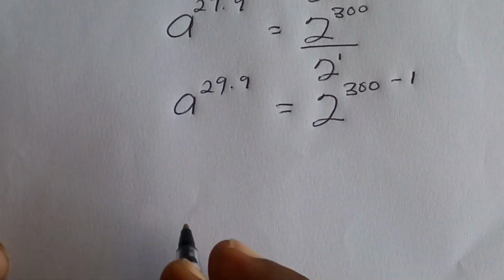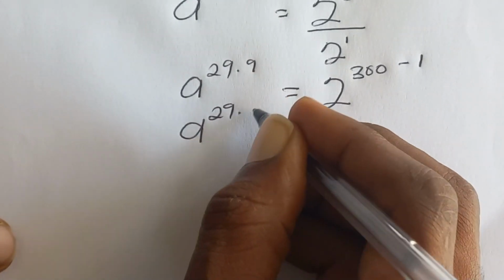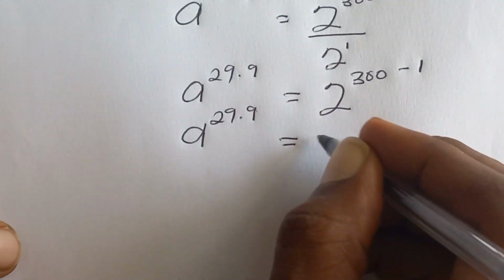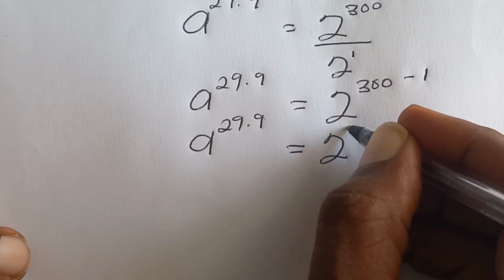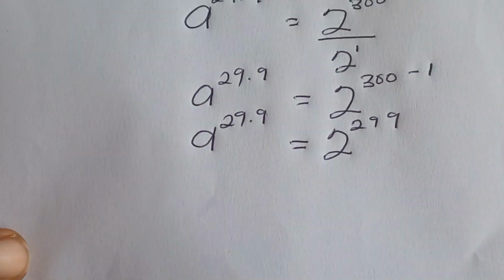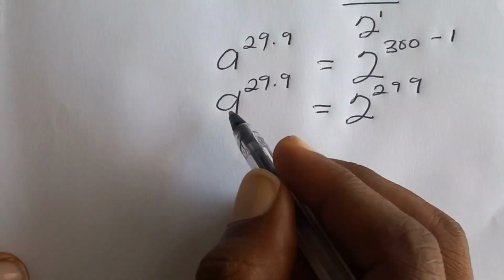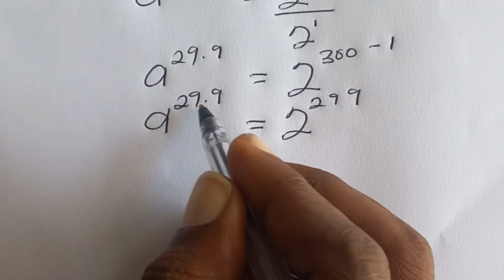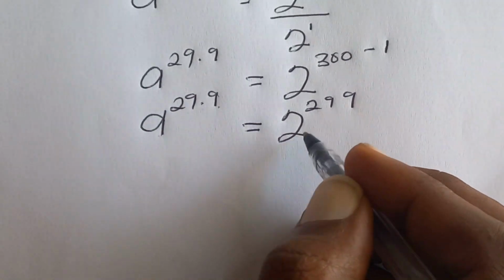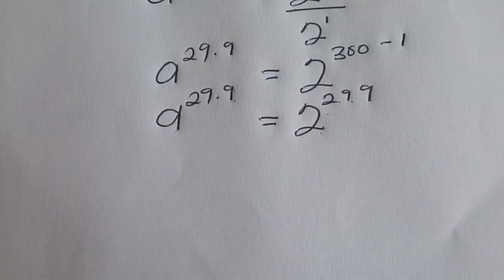Simplifying everything here, we are going to get a^29.9 is equal to 2 exponent 300 minus 1, we are getting 299. Now we are having a^29.9 is equal to 2 exponent 299.